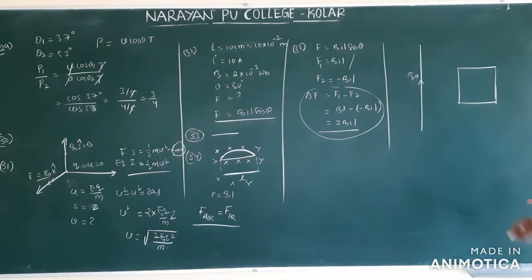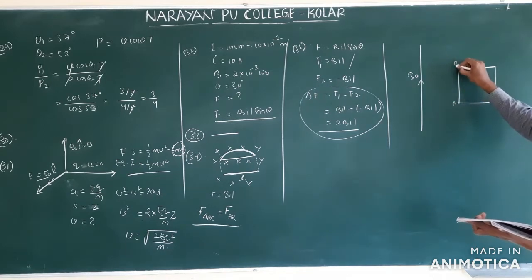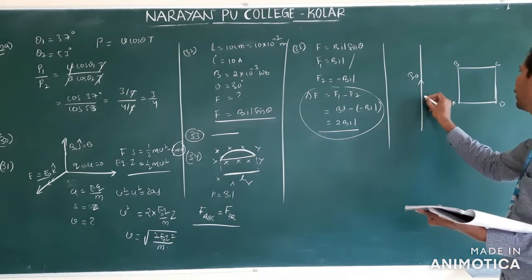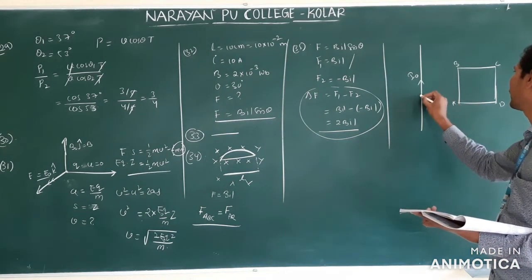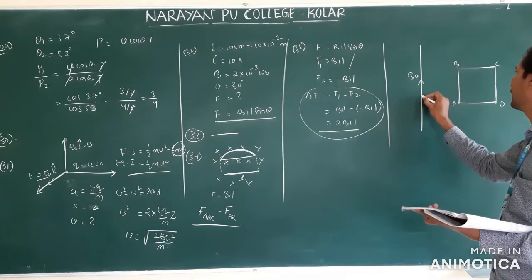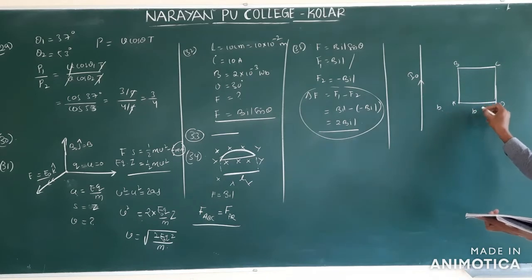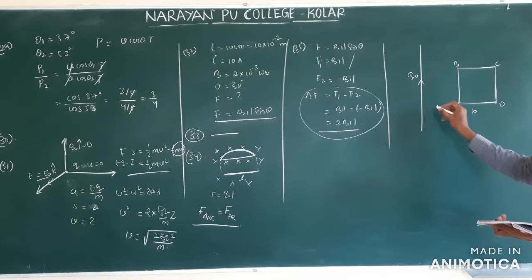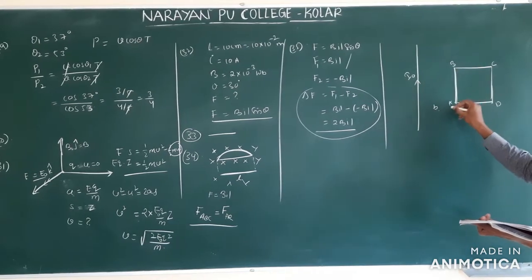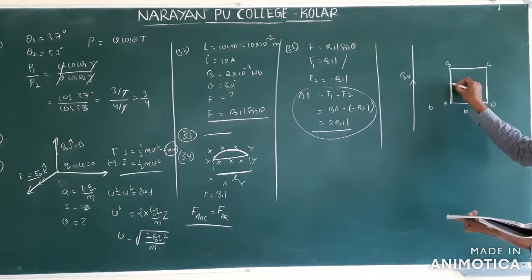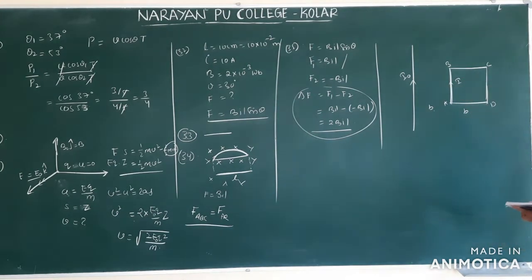Okay, so this is A, B, C and D. From the current carrying conductor to AB is B, and this is also B. Okay, A to B is B. From the conductor to this arm is B distance. And it carries current I.